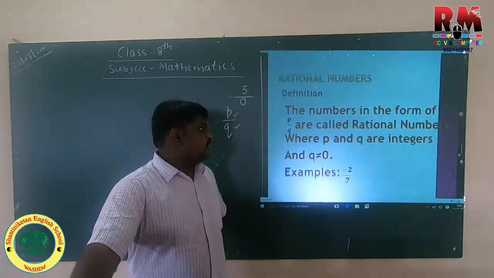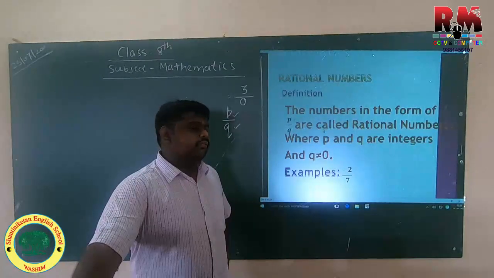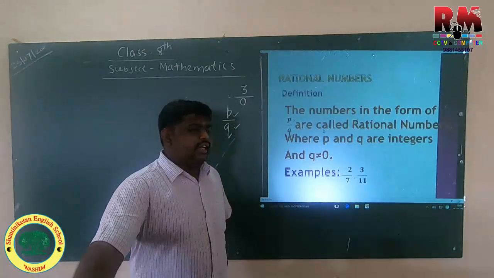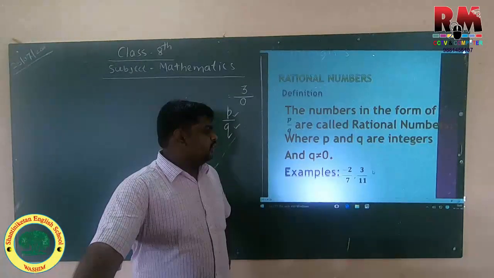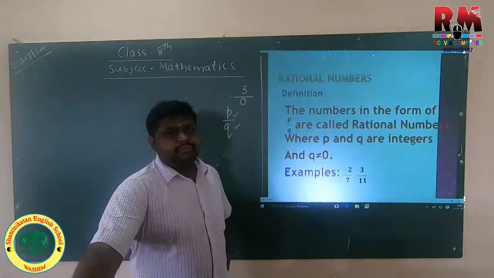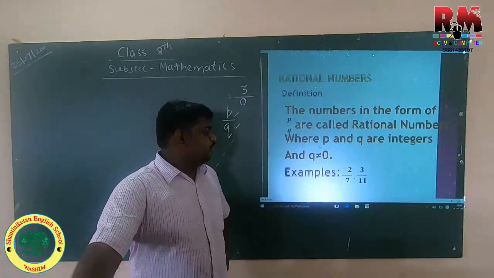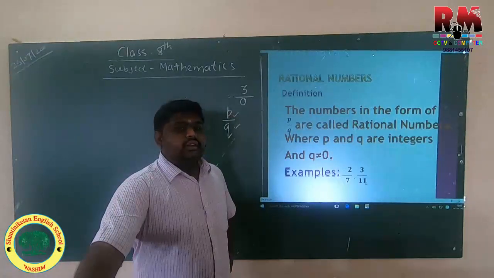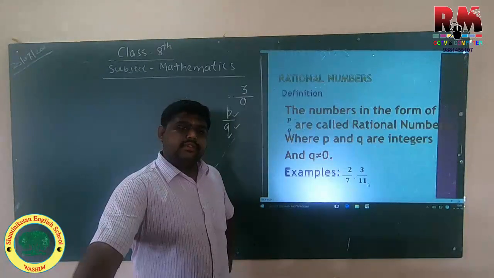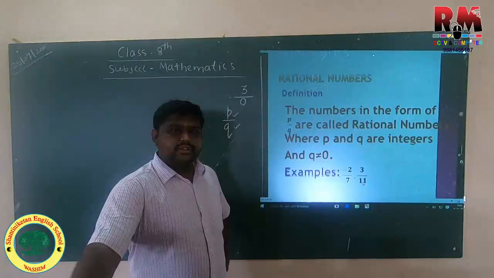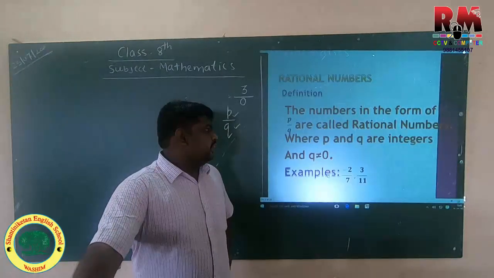So -2 upon 7 is a rational number. Consider another example, 3 upon 11. Here again the number is in the form of p upon q, where p and q are integers: 3 is an integer, 11 is also an integer, and the denominator is not equal to 0. So 3 by 11 is again a rational number.